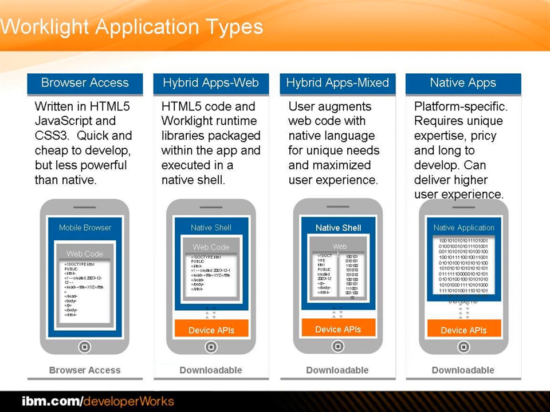Okay, so on the next slide, we will have a quick view of the different types of applications we are looking at. If we look at the basic browser-based application on the left, we talk about a simple HTML page or even a more complex web-based page running in your mobile browser.